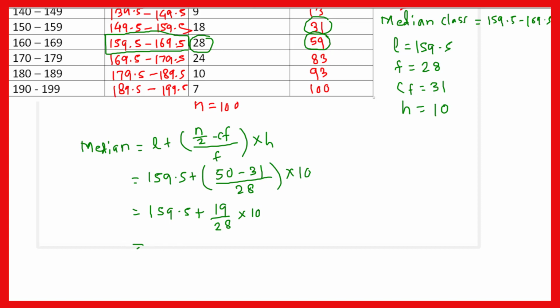And so which is equal to 159.5 plus, if you solve this part, you will get it at 6.79. And add this together, you will get it as 166.29. And therefore, the required median of the given data is 166.29.